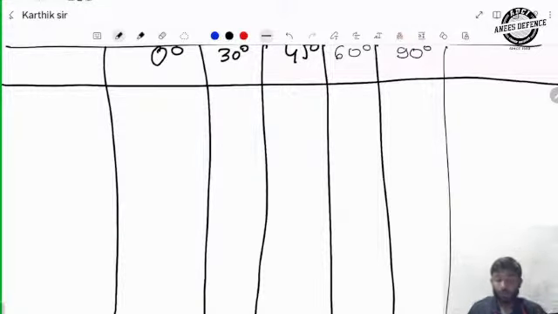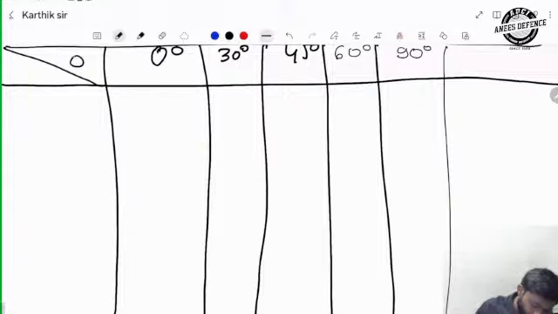This sequence will be the values of theta, and here it will be the ratios. Ratios means which ratios? The trigonometric ratios.